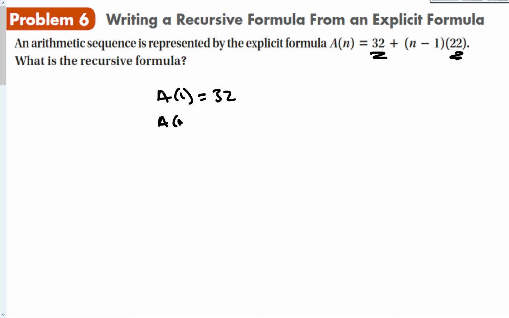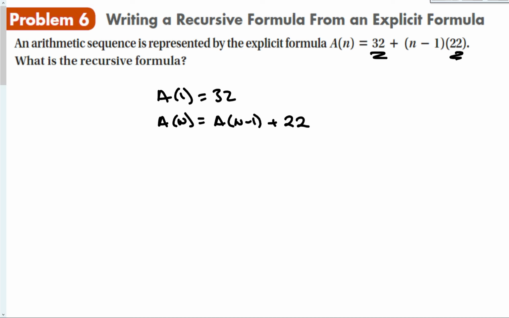So a of n is going to be equal to the previous term, a of n minus 1, plus 22. And that's my recursive formula.